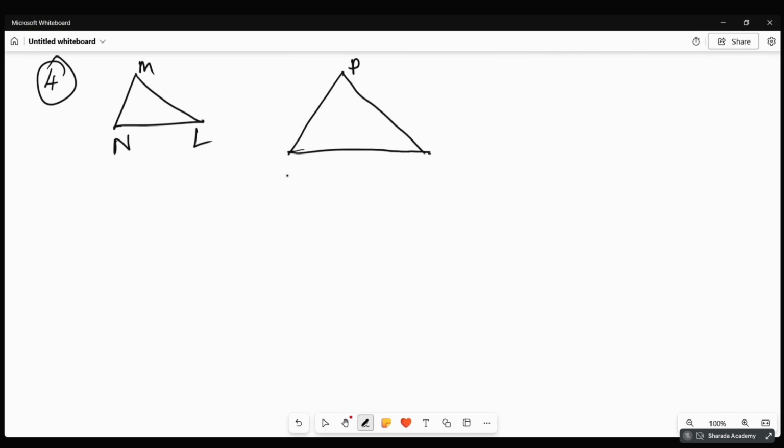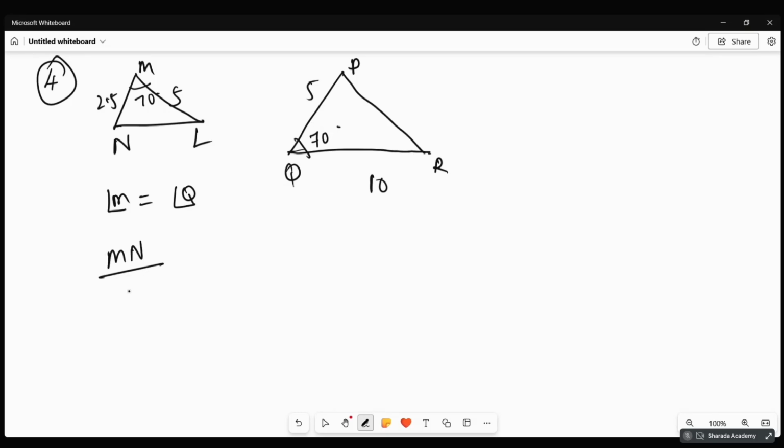P, Q, R. This is 10. Here it is 5, 2.5. This is 70, this is also 70 degrees. So angle M is equal to angle Q, first thing. Then what do we have here? One is 2.5, this is 5, correct.